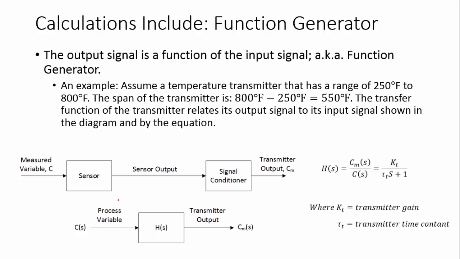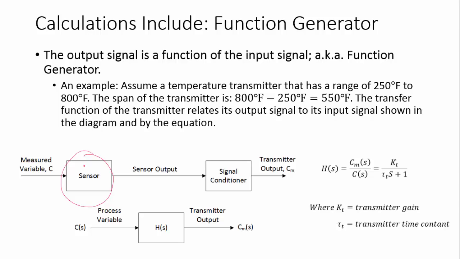The devices are literally called sensors in conjunction with either a transmitter or a transducer. So the sensor, shown here in this block diagram, is converting a signal into a different form that is compatible with the controller input.